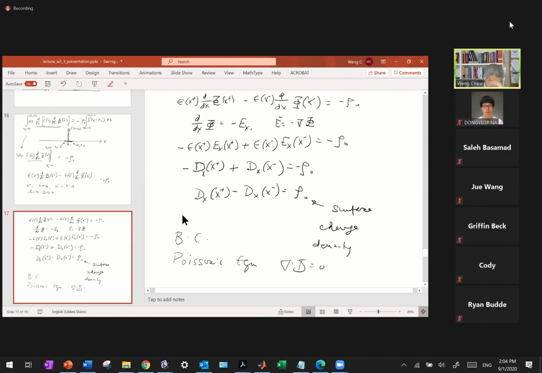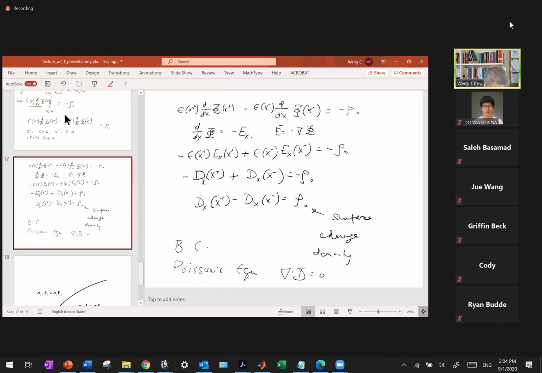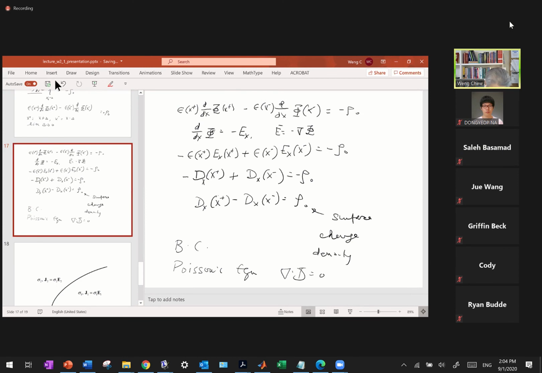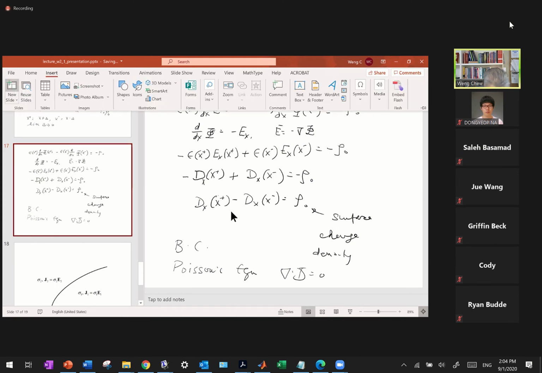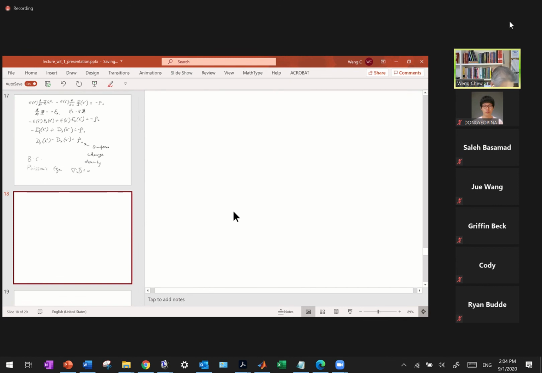And let's see if we were to look at some other boundary conditions, like Faraday's law. What kind of boundary condition follows from Faraday's law? Faraday's law says curl of E is equal to minus dB dt.